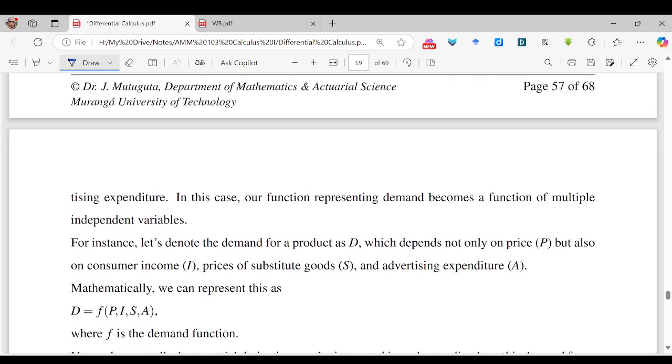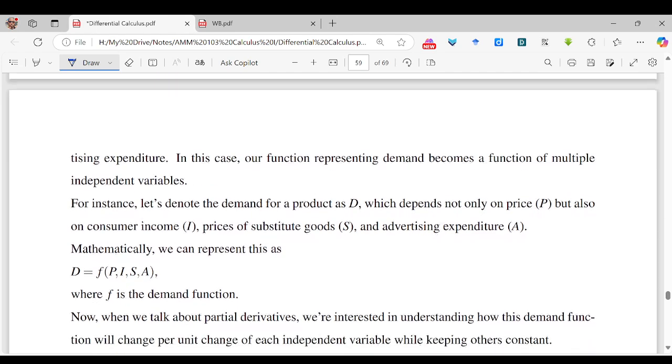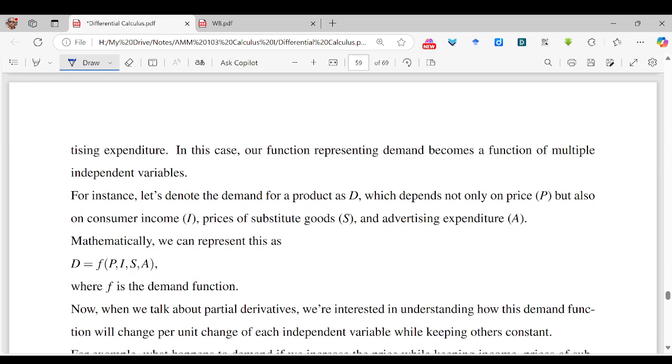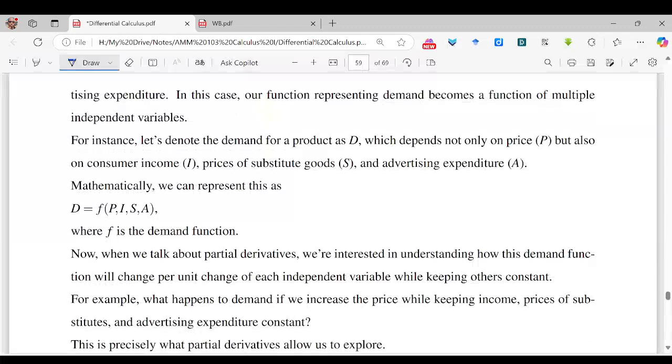So in this case, our function representing the demand becomes a function of more than one variable, what we shall call a function of multiple variables. For example, in the above case, let's denote the demand of a product by D, and this depends on the price P, but also on the consumer income I, prices of substitute goods S, and the advertising expenditure A. So mathematically, we write this as D equals f(P, I, S, A).